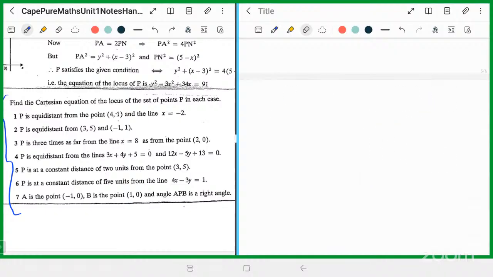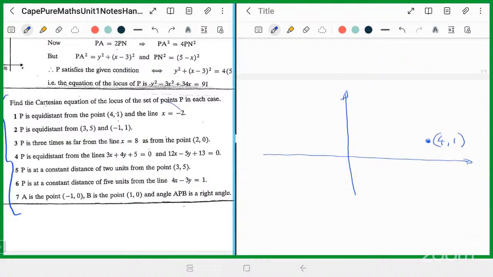Alright, so let me set up this one now. We have a coordinate geometry system based on this question, and we have the point 4, 1. So 4, 1 is over here.